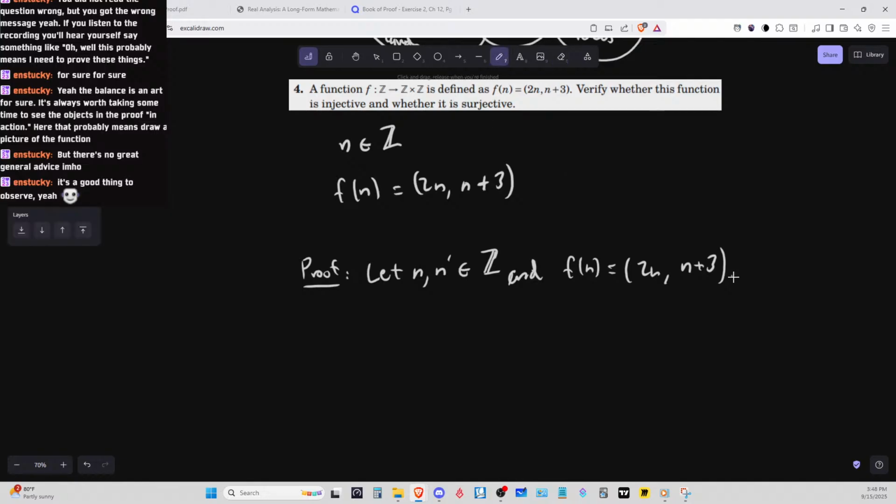So, okay, now f of n is equal to f of n prime, so now we have to actually think about how this would work.